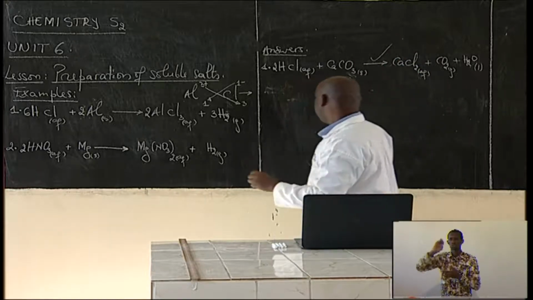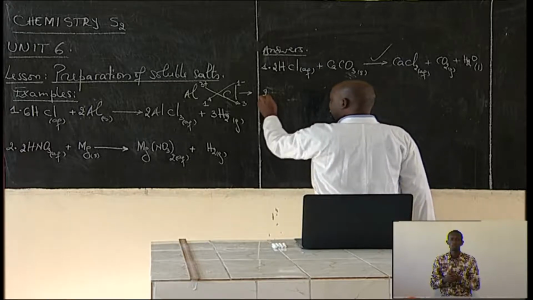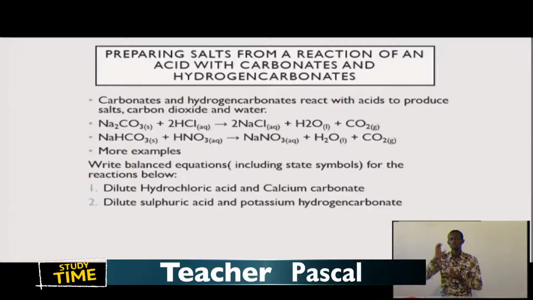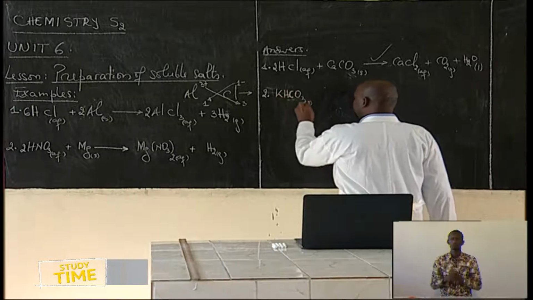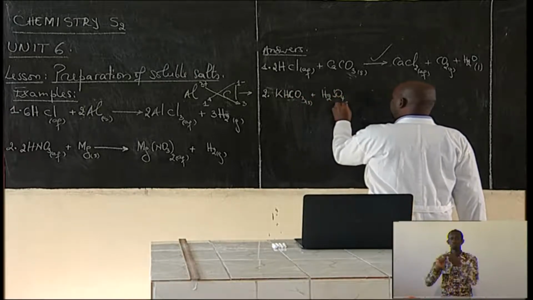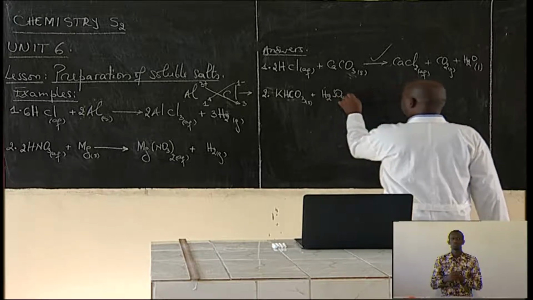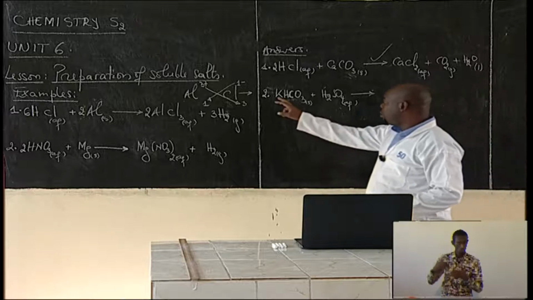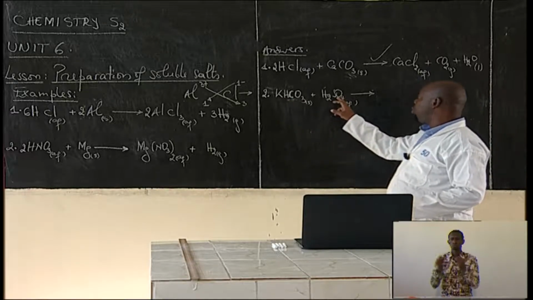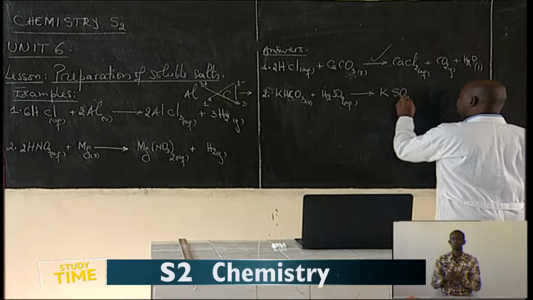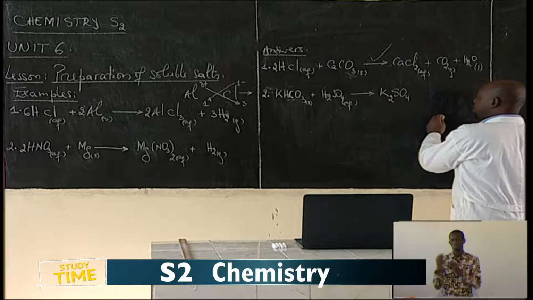And the second is a reaction between sulfuric acid and potassium hydrogen carbonate. Potassium hydrogen carbonate plus sulfuric acid. What do we get? As I said, the metal will combine with the anion from the acid. So potassium combines with the sulfate ion, and we put 2 here. You remember the reason?